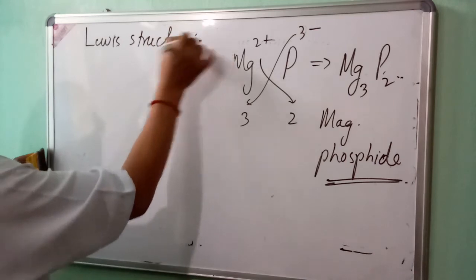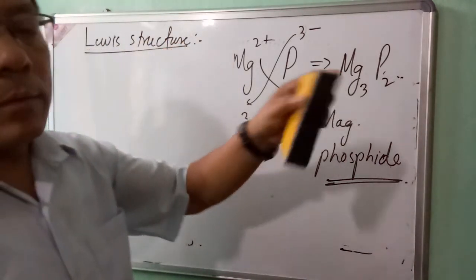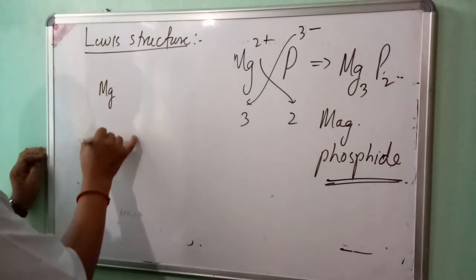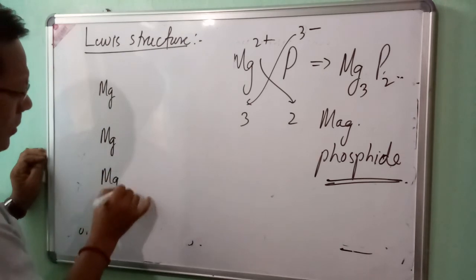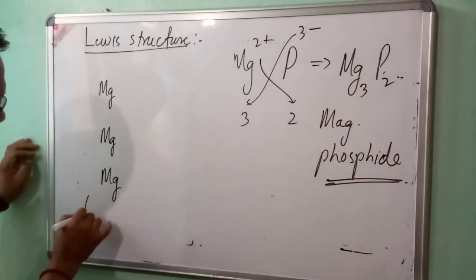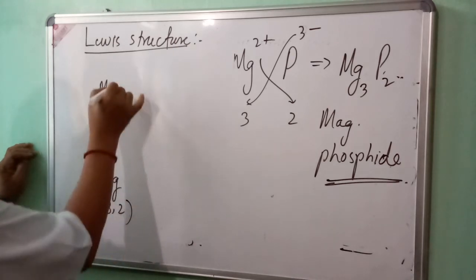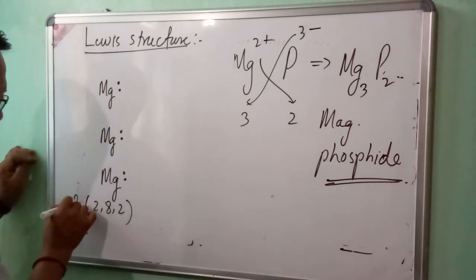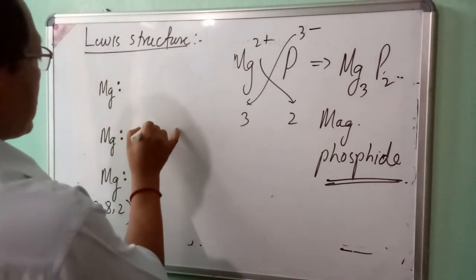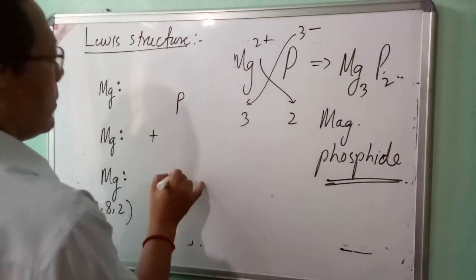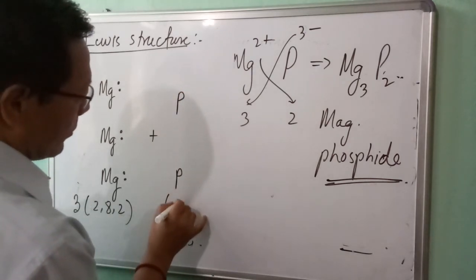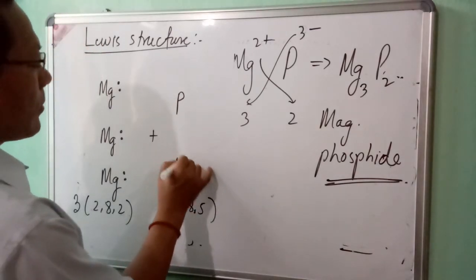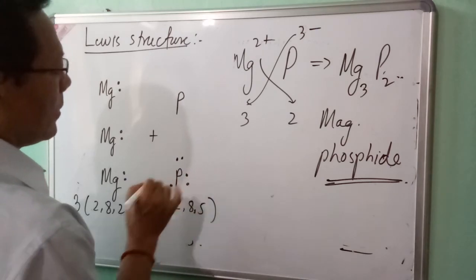So here we require 3 magnesium atoms. Magnesium has electronic configuration 2, 8, 2, so it has 2 valence electrons. And phosphorus has electronic configuration 2, 8, 5, so its Lewis symbol has 5 valence electrons shown as dots.